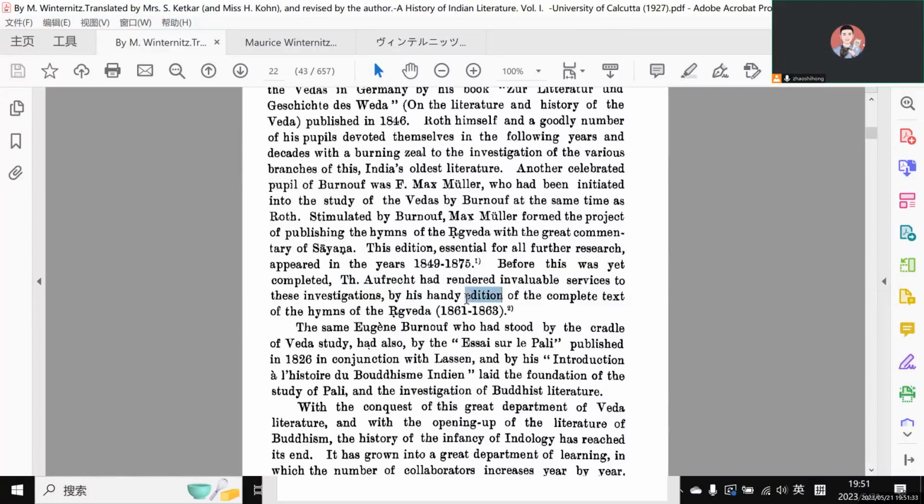The edition of the Rig Veda that we use to read and translate is basically according to Aufrecht's edition. That's a very detailed and well-done edition, I think, and the most popular.